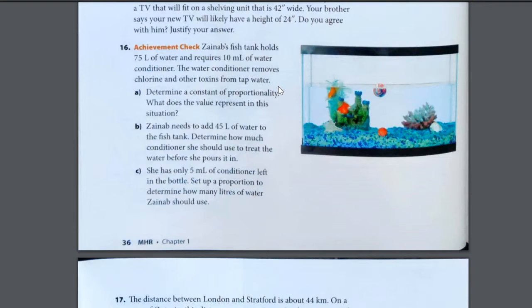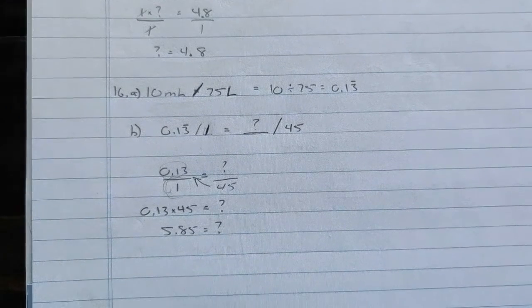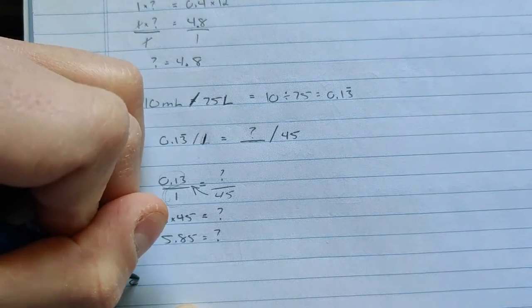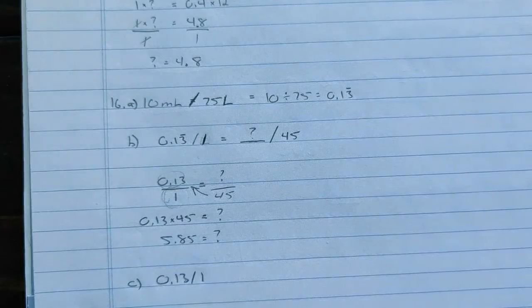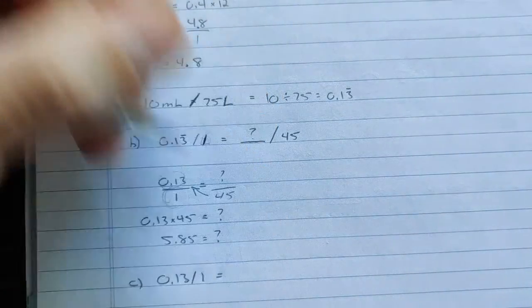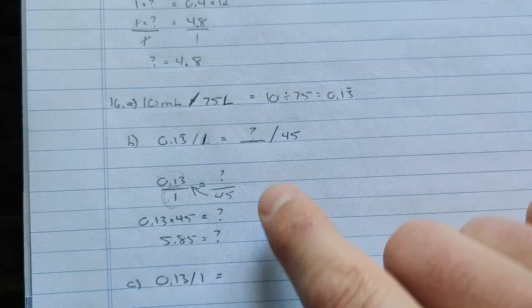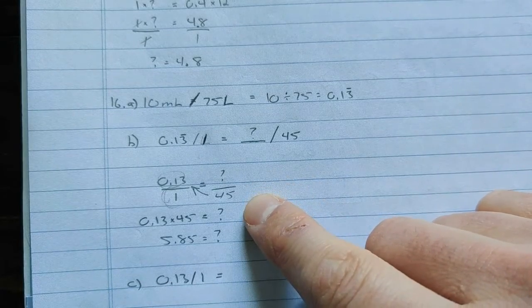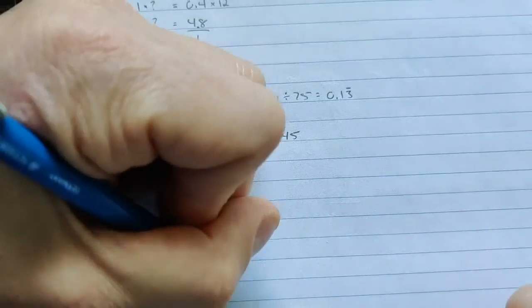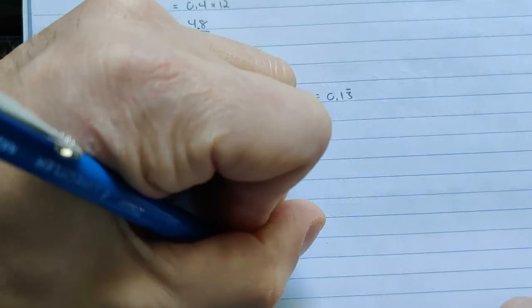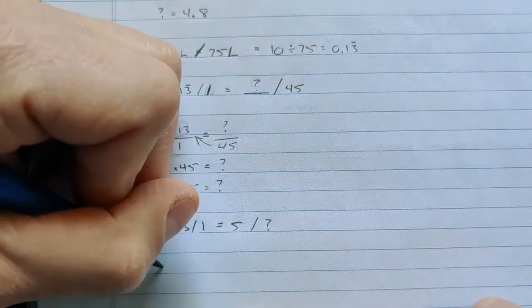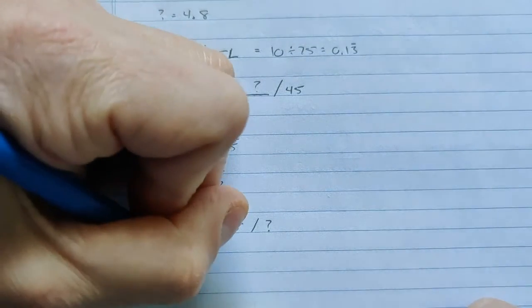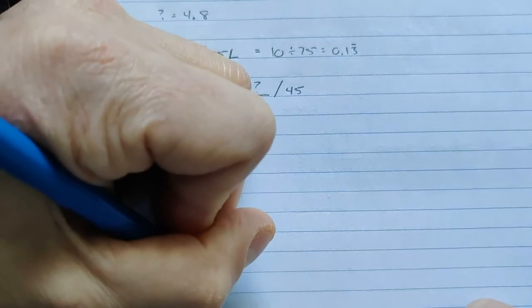Finally, in part C, she has 5 milliliters of conditioner left in the bottle, and we want to set up a proportion to show how many liters she should use for her fish tank. In this case, we have 0.13 to 1 as our unit rate, and we had 5 milliliters, and we want to know how much water to add. So I have 0.13 over 1 equals 5 over our unknown.